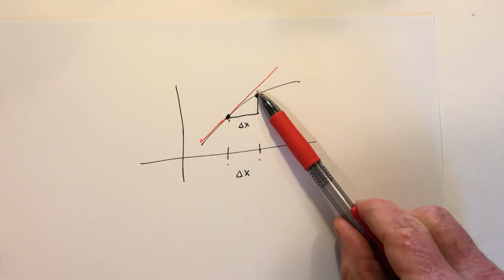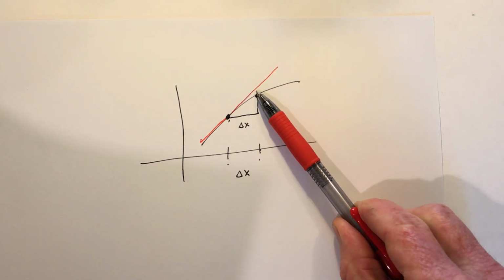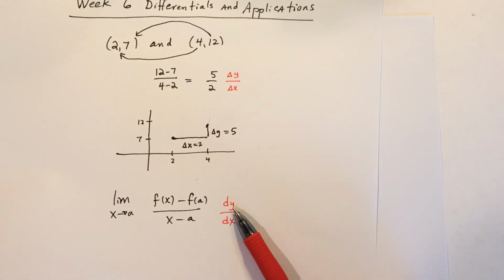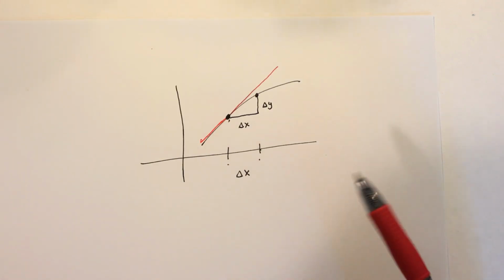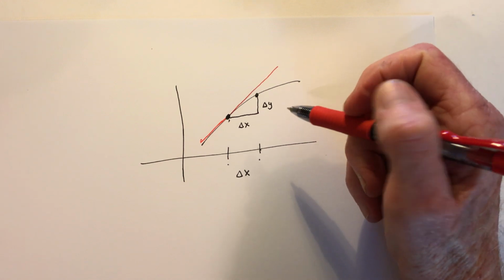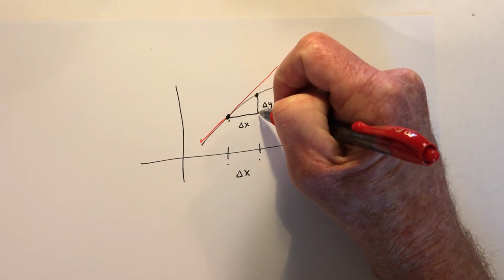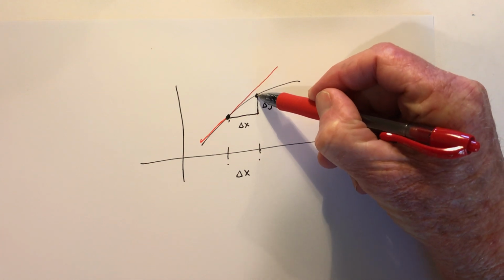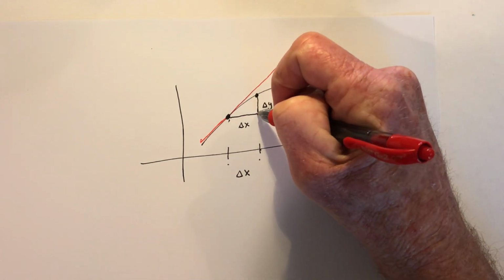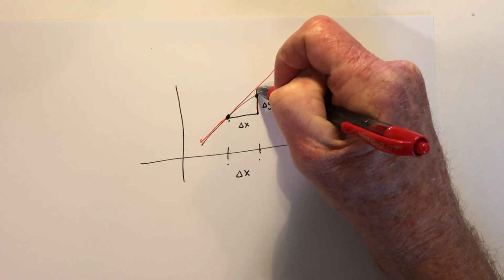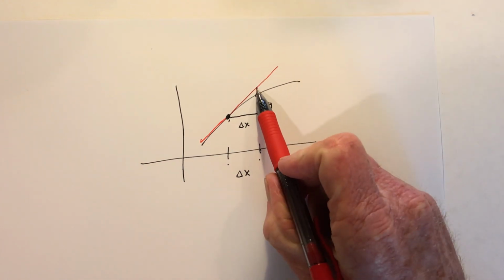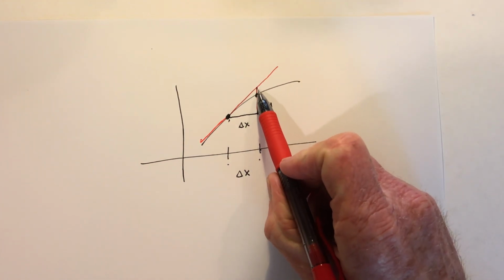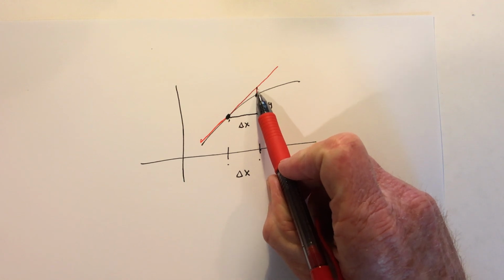Once you have the equation of the tangent line, that means that you found the derivative, so you now have dy dx. So the difference between the delta y and the dy is the delta y goes from here to the function. The dy means you took the derivative, so its job is to go all the way up to the tangent line. So see how there's that little tiny extra gap?